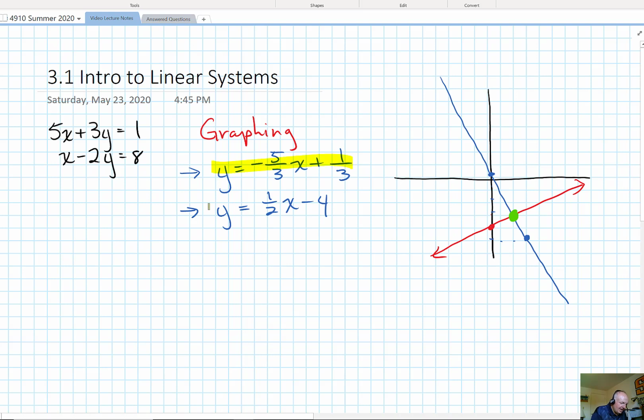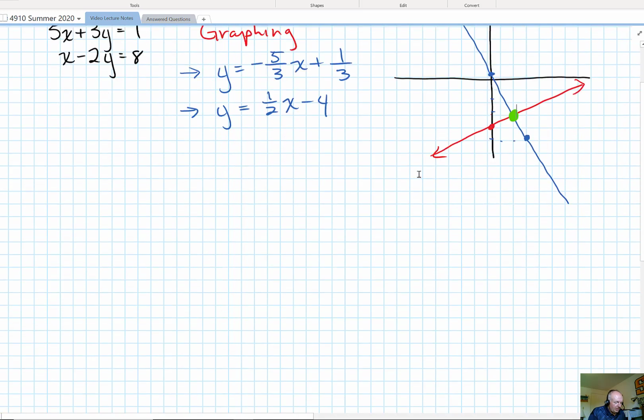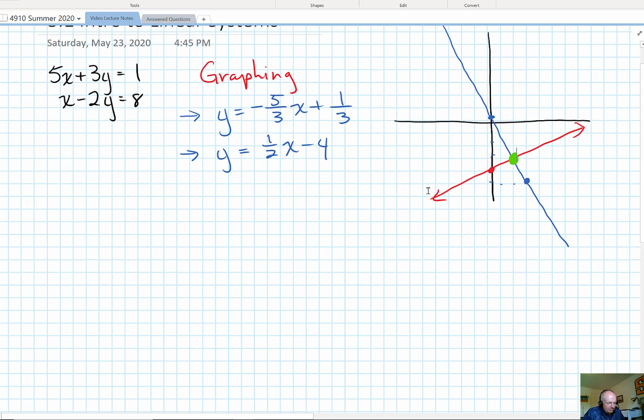So for the solutions to the system, we need the pair, the numbers that solve both at the same time, and that's going to be our intersection point. So to solve by graphing, you graph the lines and you look for the intersection point. Now, the problem with solving by graphing is you have to be pretty accurate, and it looks to me like we did okay here. Our solution is (2, -3). And you could check that by plugging that in, right?